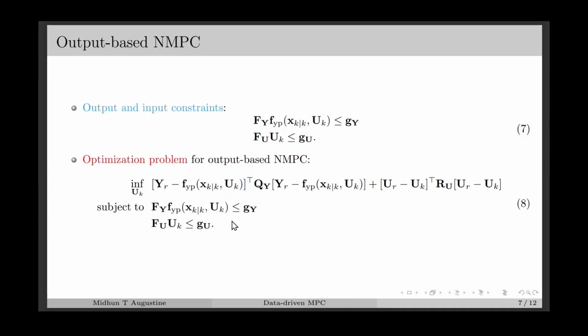Here the cost function and the constraints are nonlinear functions of the input sequence UK. Therefore, this will be a nonlinear programming problem, which can be non-convex. This makes the optimization problem for output-based NMPC more challenging compared to the LMPC setting, where the optimization problem was a QP and convex.